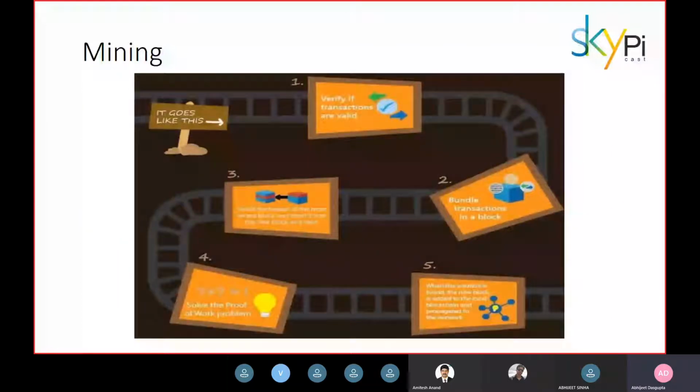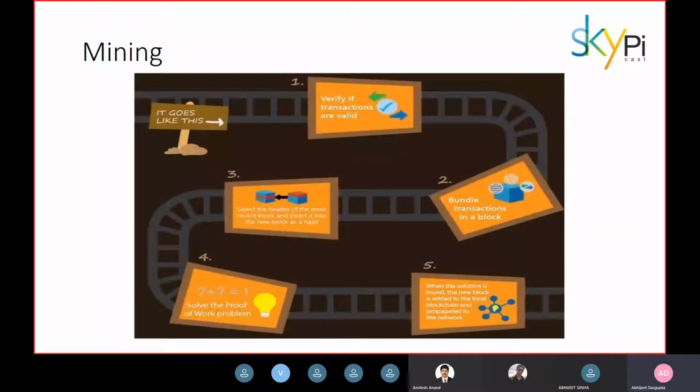Here we can see that the first step is verifying whether the transactions are valid or not. Once they are validated, these transactions are bundled into what we call a block. In these blocks, the headers of the most recent block are selected and are inserted into new blocks as a hash. So the chain formation in a blockchain is happening here.